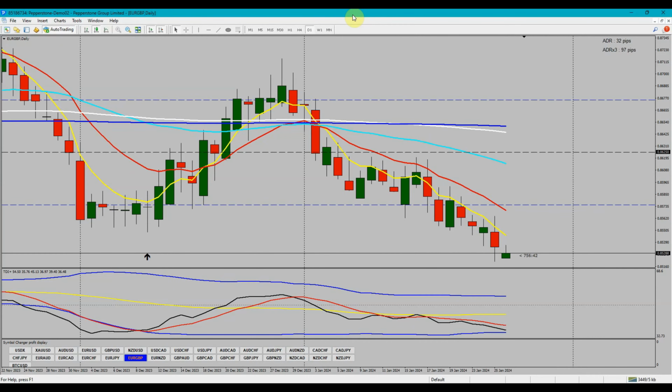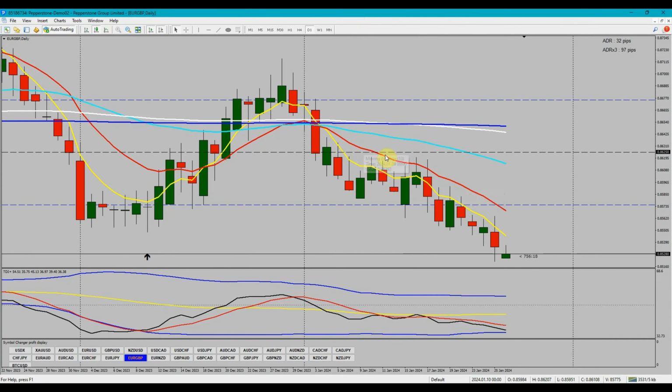So let's go. Firstly, we're looking at Euro GBP. We first start on the daily chart. On the daily chart, we see that price is below my 13-period exponential moving average, which is my red moving average.